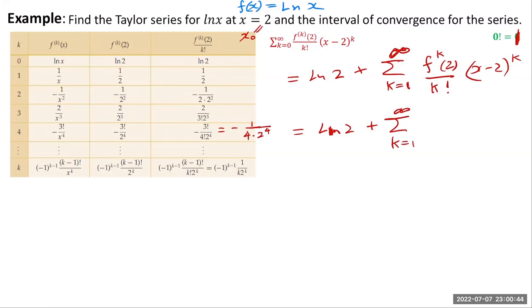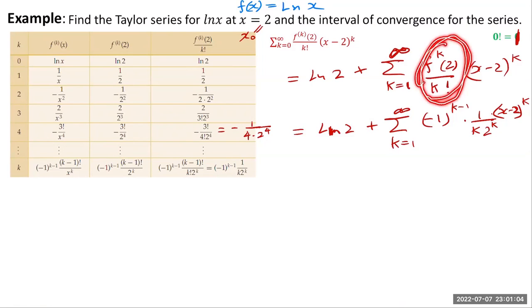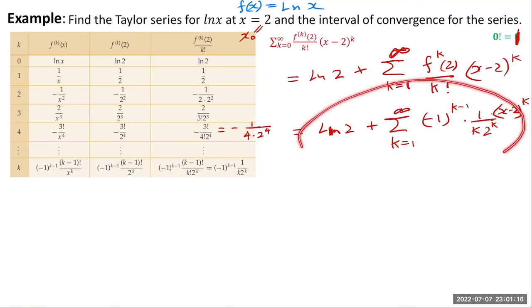My general term is minus 1 to the power k minus 1 times 1 over k times 2 to the power k times (x minus 2) to the power k. I'm plugging my general term in for f^(k)(2) divided by k factorial. So I plug that in here. Okay, now we found the Taylor series. This is going to be our Taylor series.